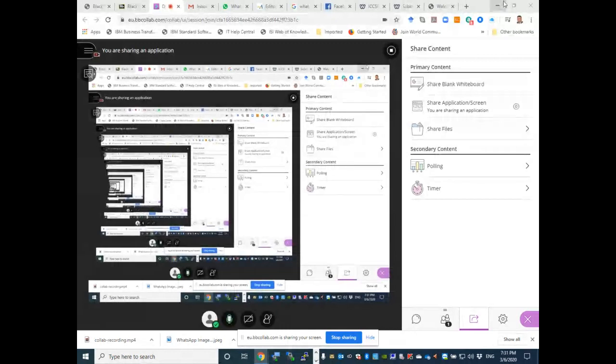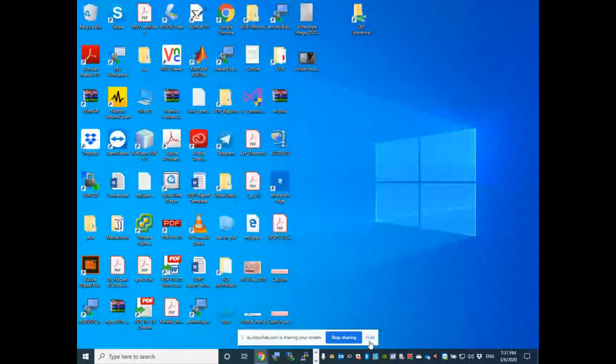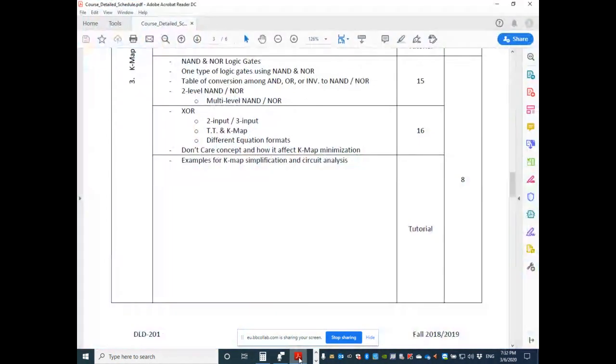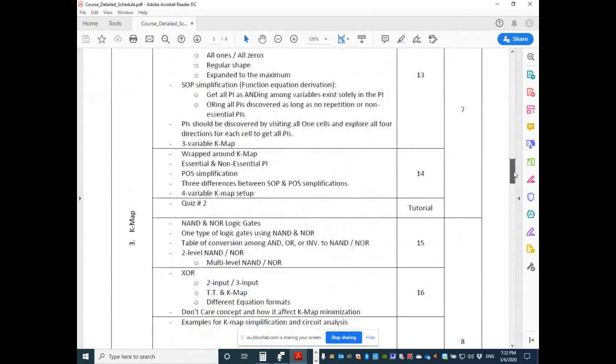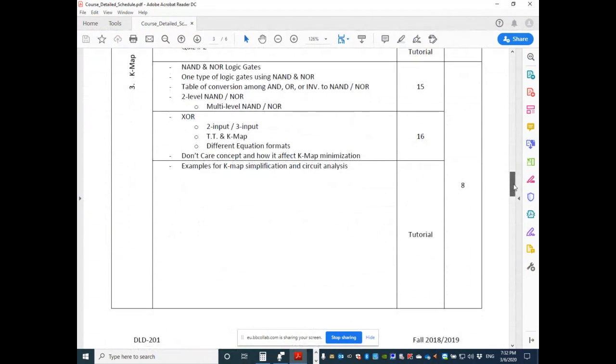As you can see from the slides here, this document for the lecture material is available on Blackboard for all the students. It shows the material that we are covering lecture by lecture. We are at lecture number 15.